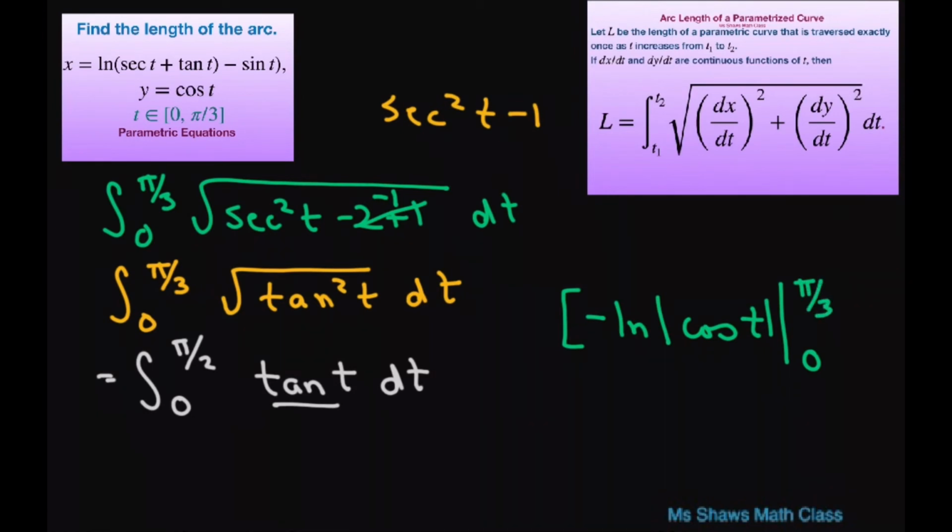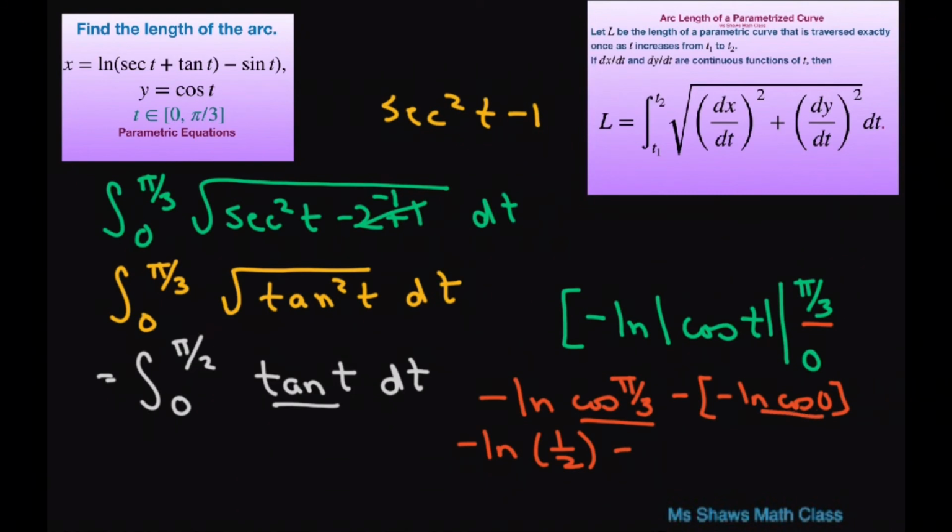So when you substitute this in, we're going to get negative ln of cosine of pi divided by 3 minus negative ln of cosine of 0. So cosine of pi divided by 3 is 1/2.